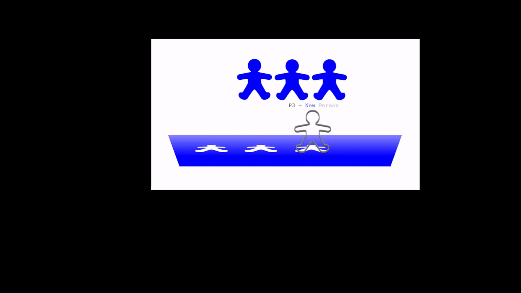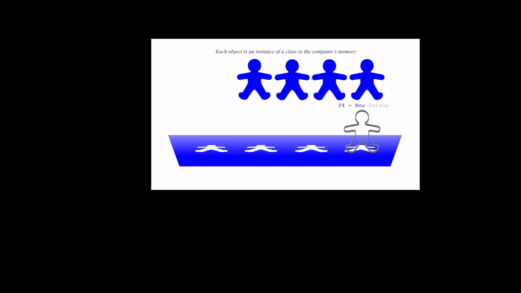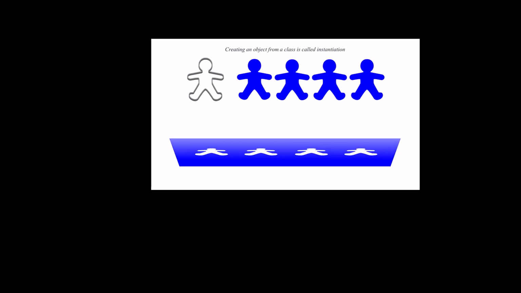Each object is an instance of a class in the computer's memory. Creating an object from a class is therefore known as instantiation. Once these objects have been created, their properties can be assigned values, making each object of the same type a unique entity. Each property is defined in the class by a property procedure, which may include code to validate a property value while it's being assigned.